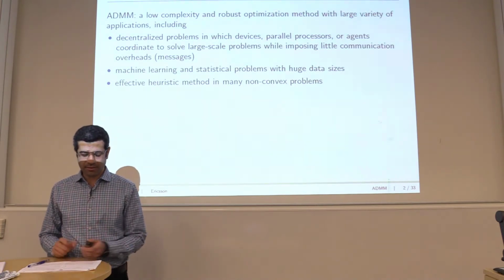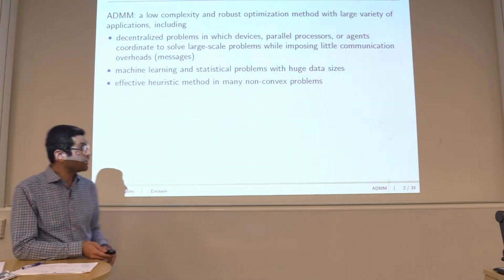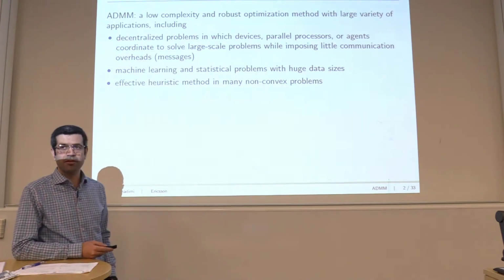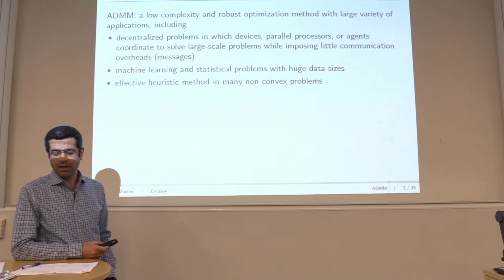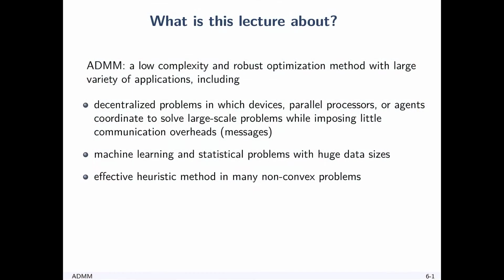Here is the summary. At the end of this course, we will know what ADMM is, which is practically a low complexity and robust method for a large variety of applications.